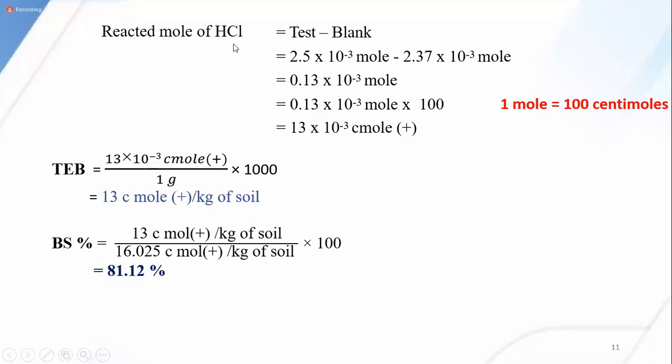You already took 1 gram of soil and then you have to find it for 1 kilogram of soil. For that, you have to divide that by 1 gram and multiply by 1000. Then you will get the answer as 13 centimole per kilogram of soil.